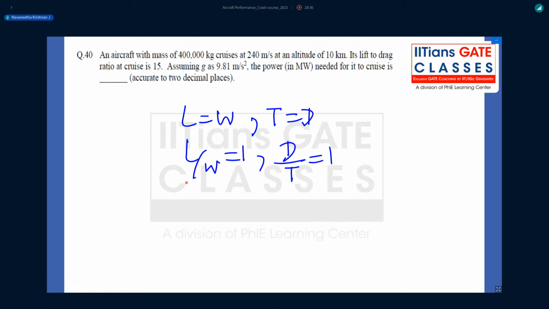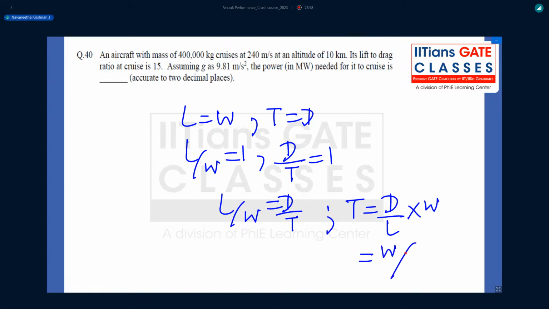If I equate, I can write it as lift by weight equal to drag by thrust. Yes, correct, Satish. So if I take thrust to the other side, it is drag by lift into weight. So I can rewrite it as weight divided by L by D. That is your thrust. Now we have to calculate what is the power.